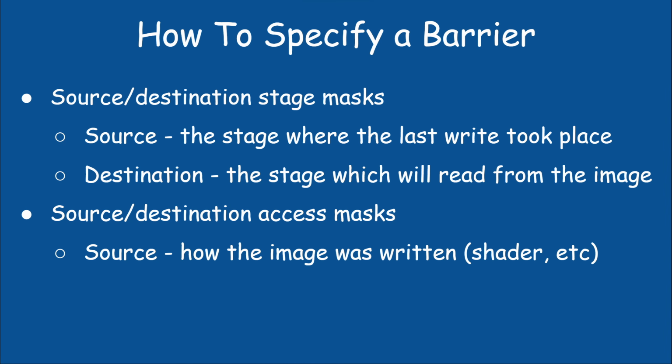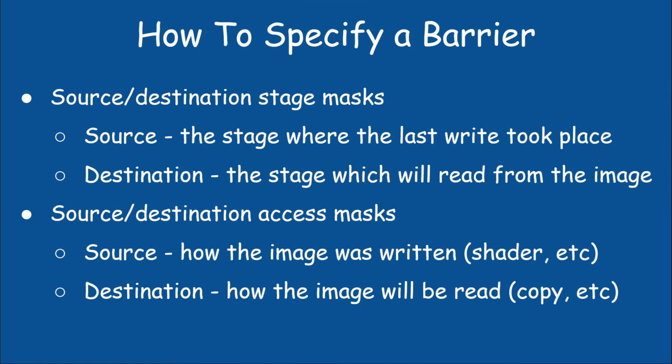The source access mask specifies how the image was written. For example, was it written by a shader or by a copy command, or did the CPU map the image and write to it? There are many possible options. The destination access mask specifies how the image is going to be read. And again, this may be a shader read, or the source this time of a copy command, and so on.